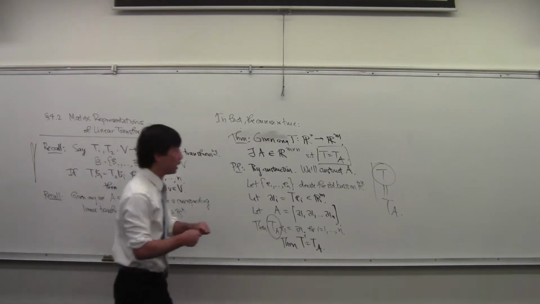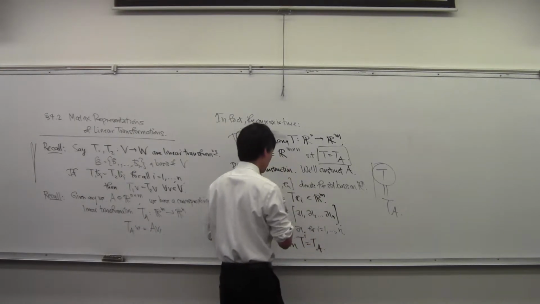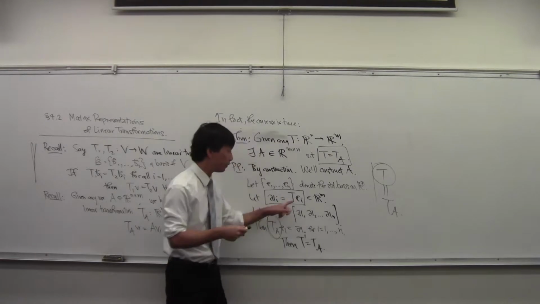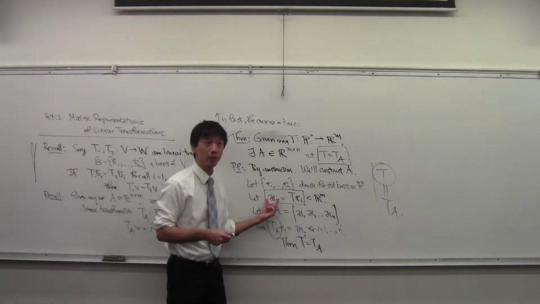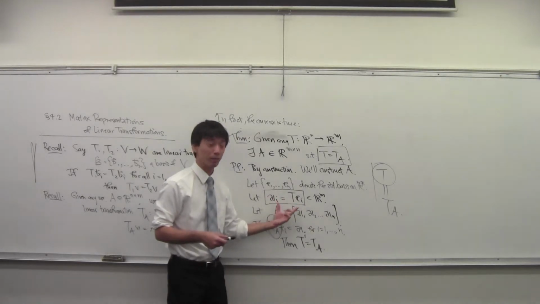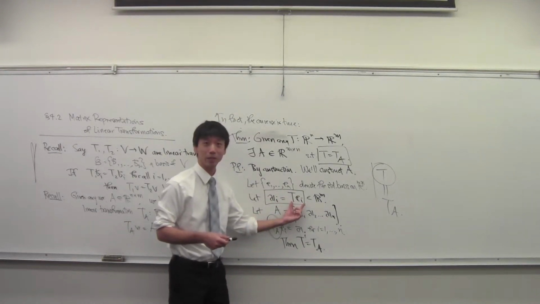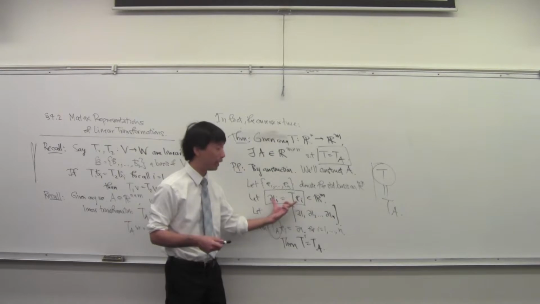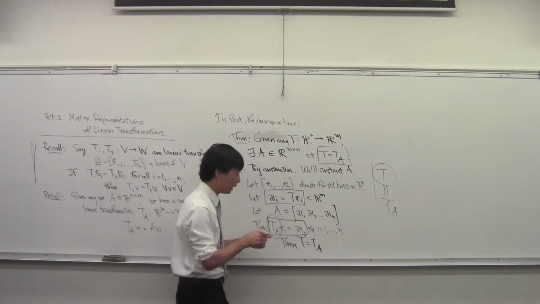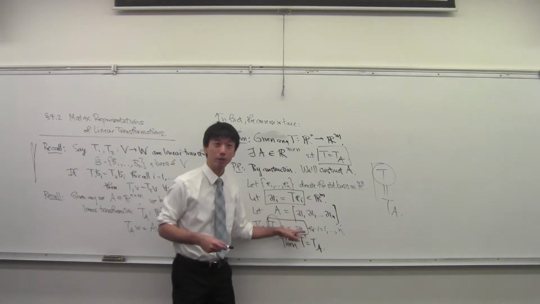Now we have this guy, T, and T of e_i is a_i. T of e_i is a_i by definition. a_i was defined to be T of e_i. So T of e_i is a_i for all i. And then here we see that T sub A of e_i is a_i for all i.